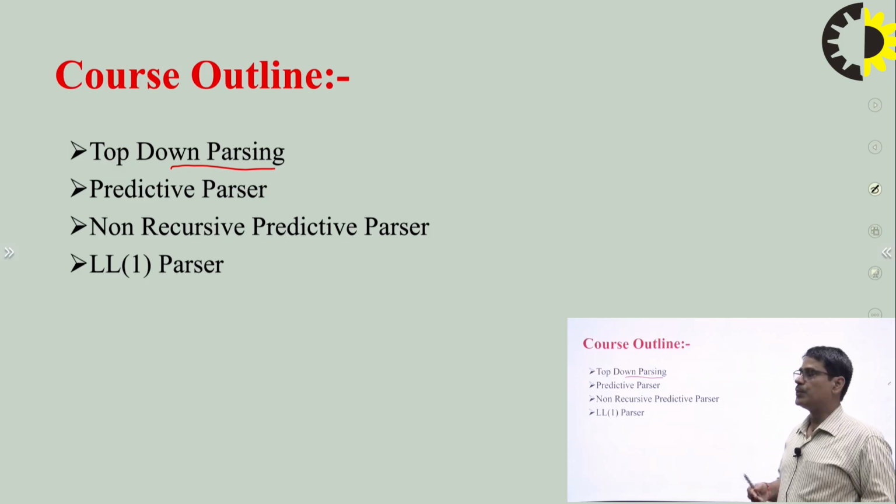If you are aware of the function of a parser, it takes a grammar as input and generates a parse tree. If the language is not suitable for the particular parser, then it generates an error. So that is the function of a parser.